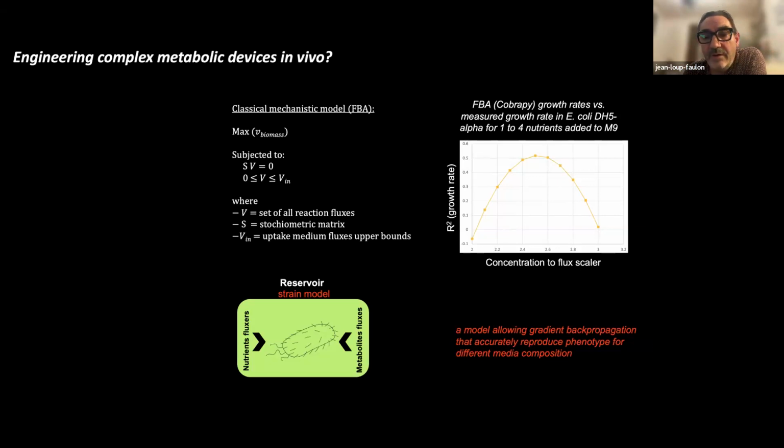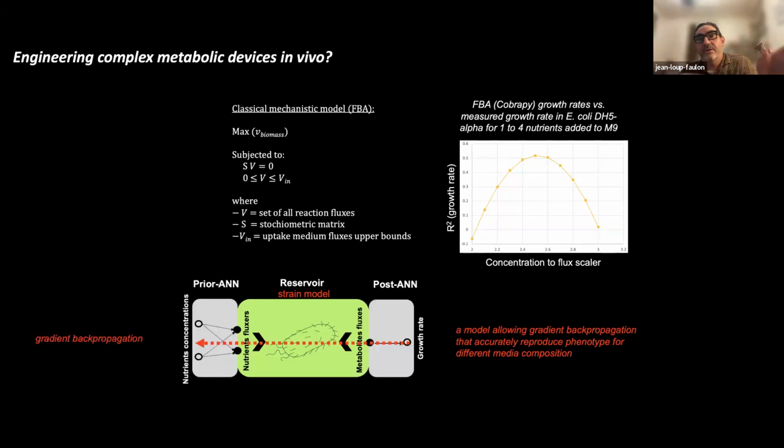So perhaps one way of using the same idea of this prior and post network that I mentioned earlier is to build a system where we have a prior network that will map the nutrient concentrations that we know when we do our experiment to these nutrient fluxes that are required for a flux balance analysis.